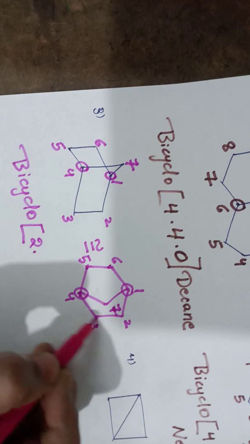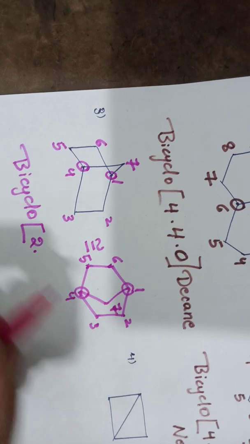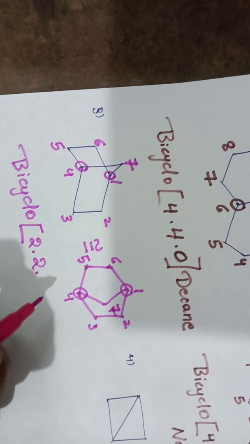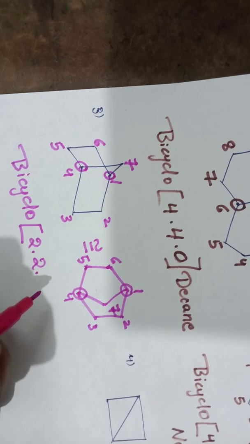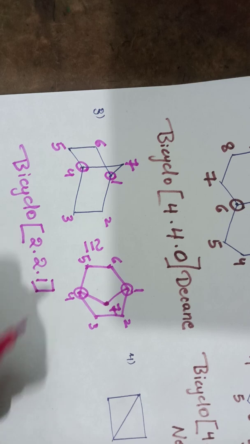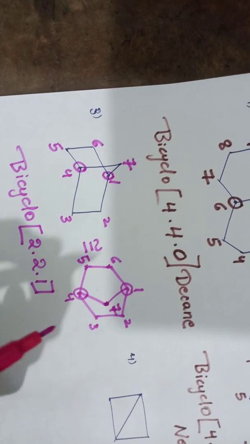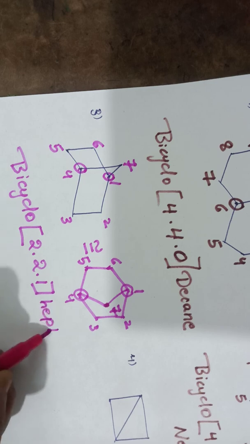Here also in this ring, other than these bridgehead carbons, we are having 2 carbon atoms, 2. And what is meant by Z? Z is involved if there is any carbon acts as bridge carbon. Here this 7th carbon acts as bridge carbon, that means 1 carbon, 1. Total number of carbons are 7. As there is no double bond or triple bond, simply heptane.